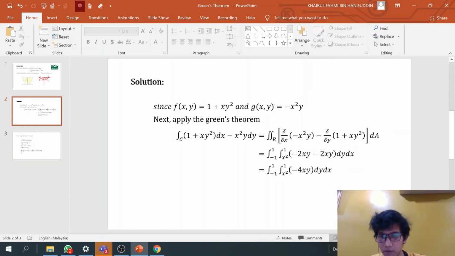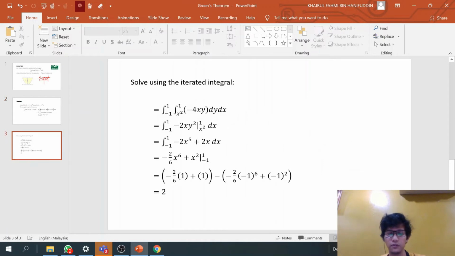Then the limit of y is from x squared to 1, and the limit of x is from -1 to 1. Then we solve this problem by integrating the equation.